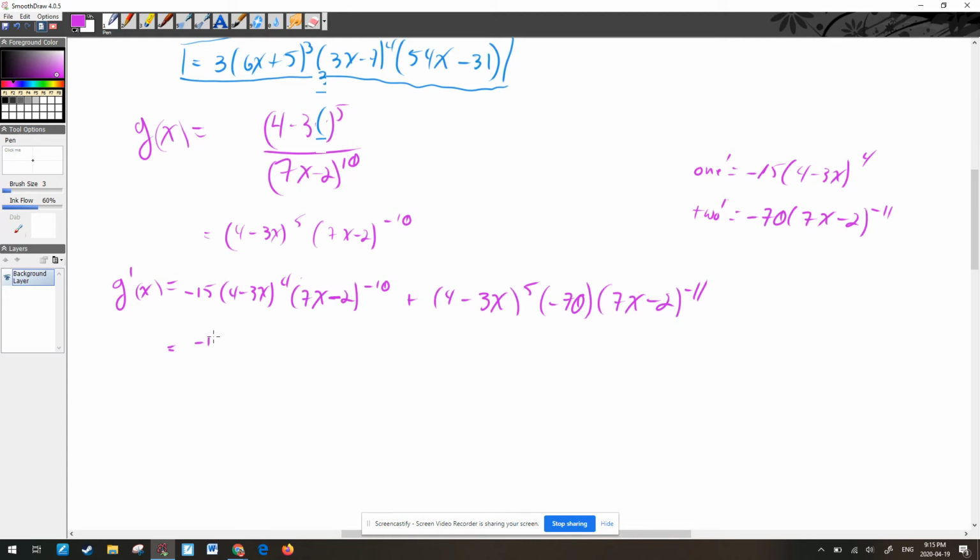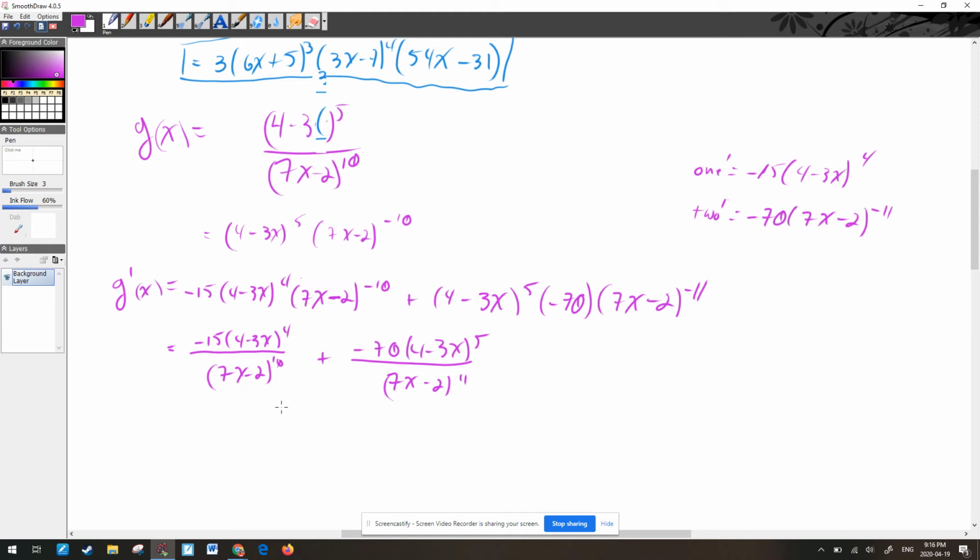So we're going to have negative 15 bracket 4 minus 3x to the fourth over 7x minus 2 to the 10th, because it's now in the denominator. I'm going to still say plus negative 70 bracket 4 minus 3x to the fifth over 7x minus 2 to the 11th.